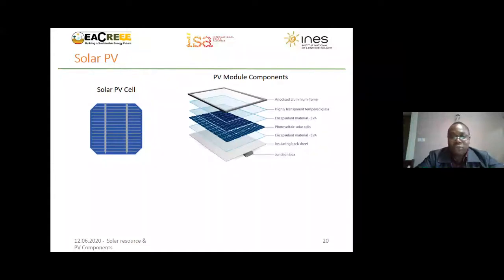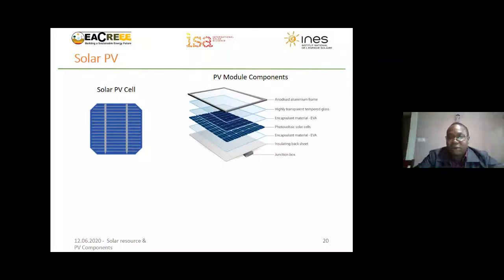So a solar PV module, as I mentioned, is composed of a number of parts. One is an assemblage and a connection of solar cells. As you can see from the screen, all these cells are connected in some architecture, series and parallel, then with a conductor linked to a junction box.